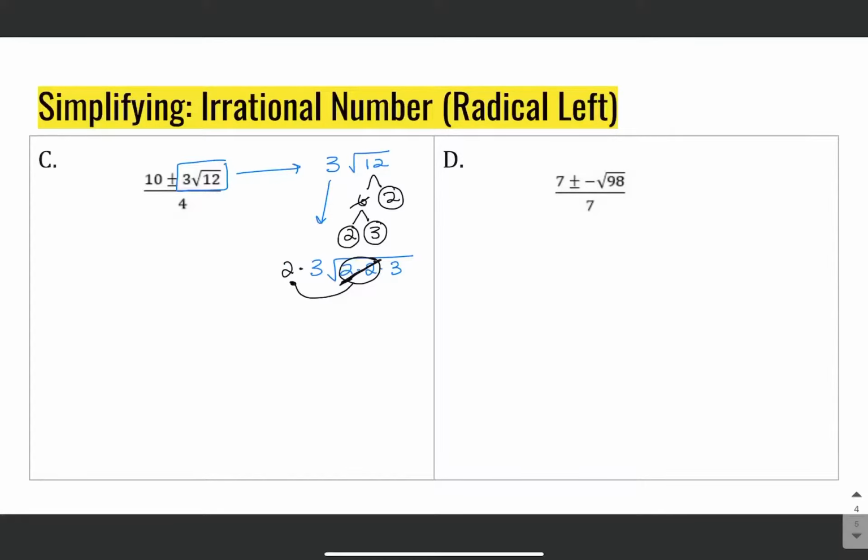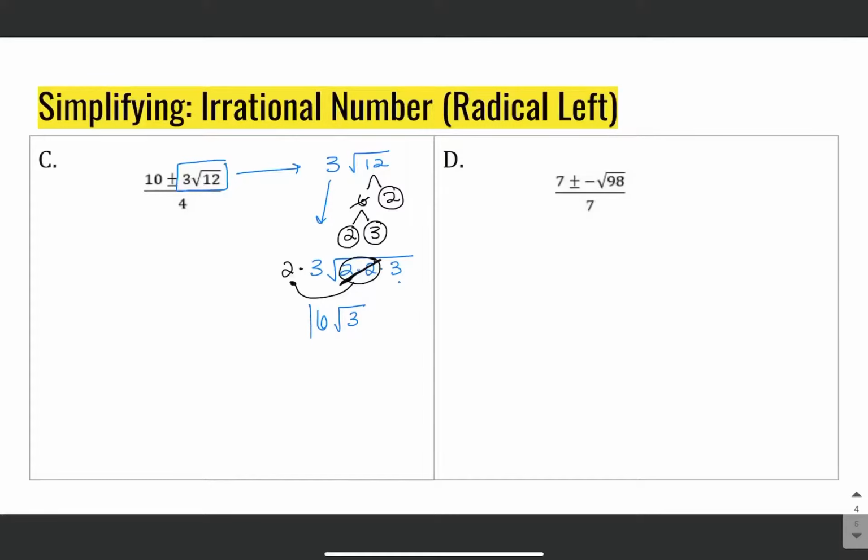It's gone from the inside, but notice I have a number left over underneath the radical. There's a good old little 3 right there. So when I go to rewrite, 2 times 3 is 6 here on the outside. But now I have a radical 3 here because, again, that 3 didn't have a partner. There wasn't 2 3's. There was only one of them. So I have 1 left over.